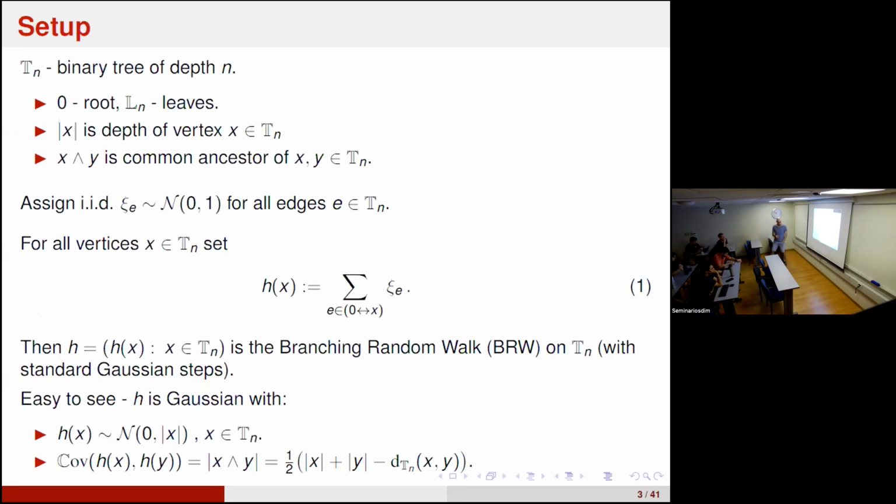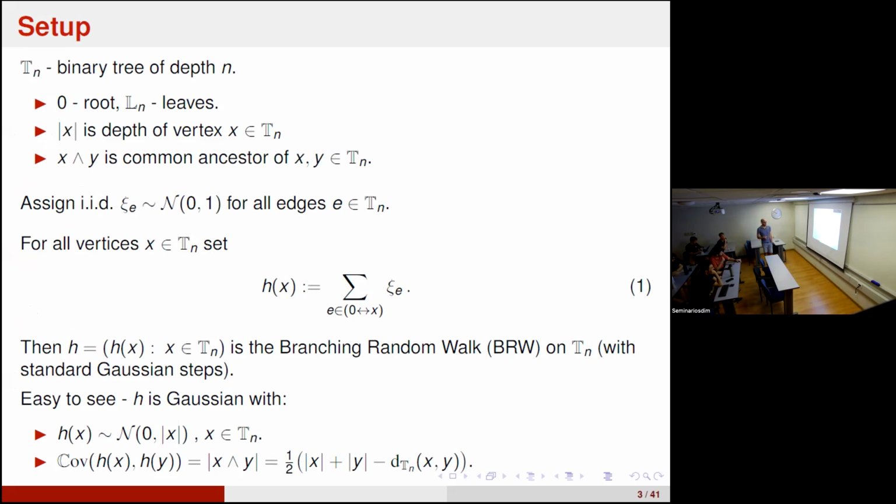Okay, so here's the setup. You take the binary tree of depth n, call 0 the root and L the leaves. |x| will be the depth of the vertex, and x ∧ y is the common ancestor. Then I'll take the edges of my tree and assign IID standard Gaussians to them.